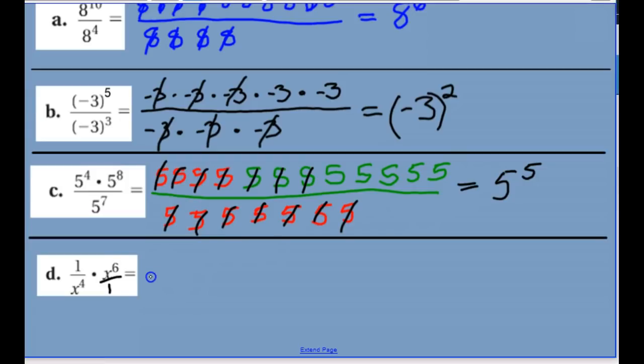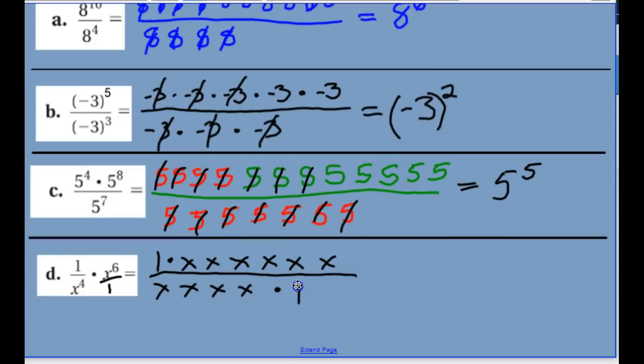So how this is going to be written then is we have a 1 on top, so we can write our 1, times x to the 6th on top, so we're going to write 6 x's, and on the bottom we have 4 x's times another 1.